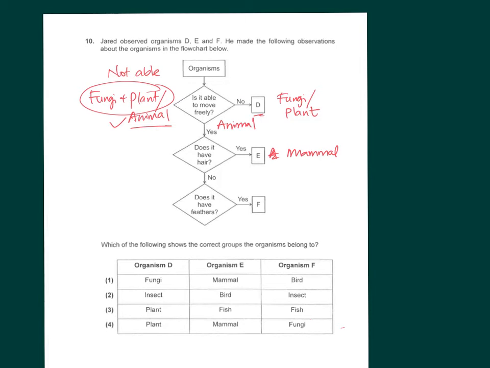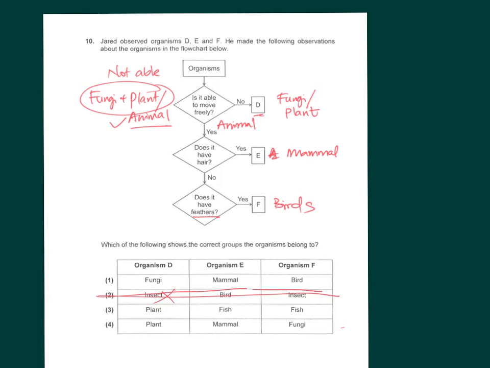Now the next question asks whether it has feathers, right? So a feather is a defining characteristic of birds. So let's take a look at the options. Organism D, we are sure that it's a fungi or a plant, so you can cross out option 2 straight away. Okay, option 2 is out.